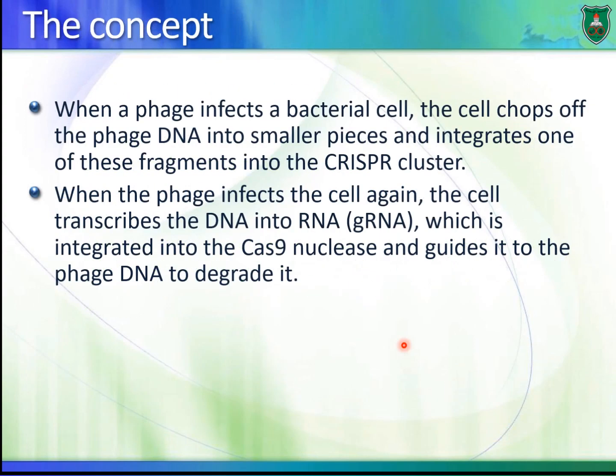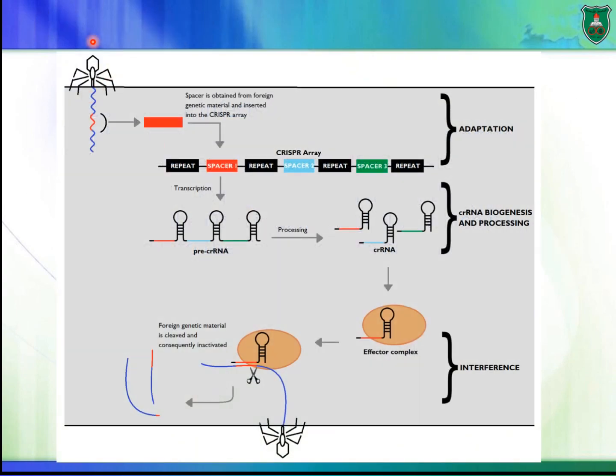So what happens in nature is that whenever you have a bacteriophage that infects a bacterial cell by inserting its genetic material into it, the bacterial cell takes the bacteriophage DNA, cuts it into different fragments, and one of these fragments is taken and inserted in the CRISPR region.